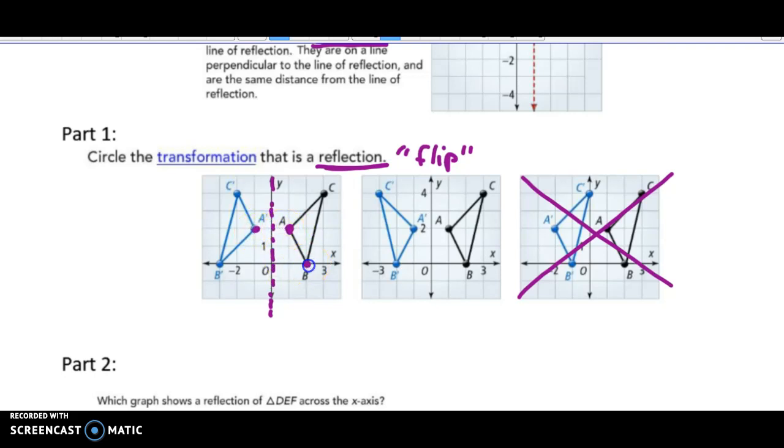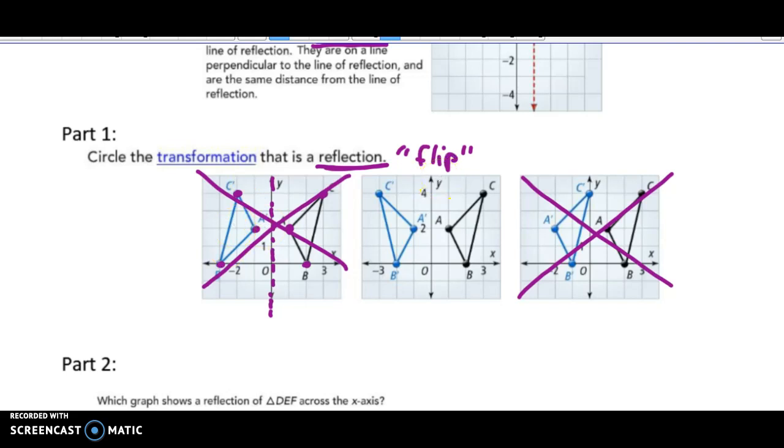But as I look at point B, which is 2 units away from this line, I notice that B prime is 3 units away. So that doesn't look right. In the same way, point C is 3 units from this line, and C prime is only 2 units. So all 3 points have to be reflected the same way, so this cannot be a reflection.